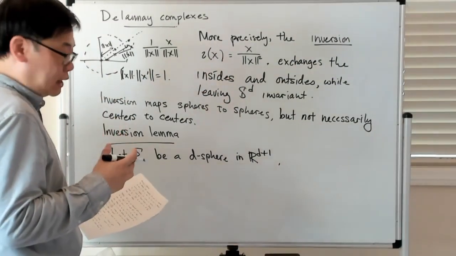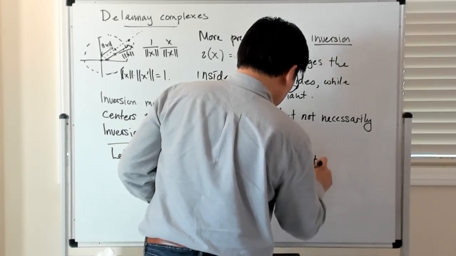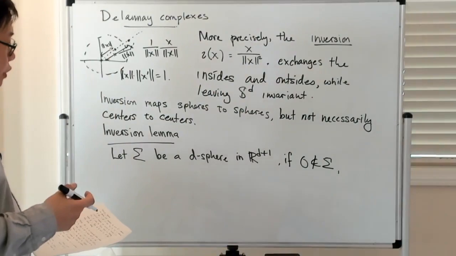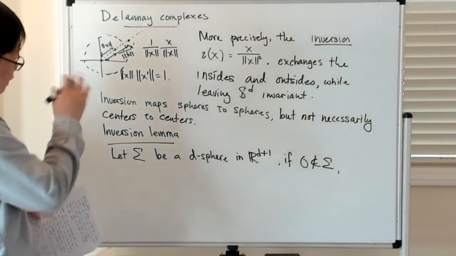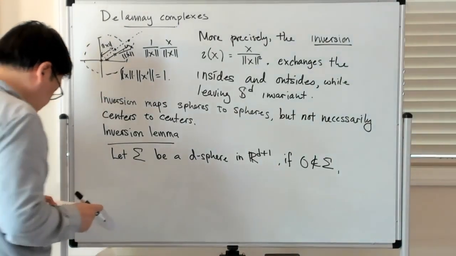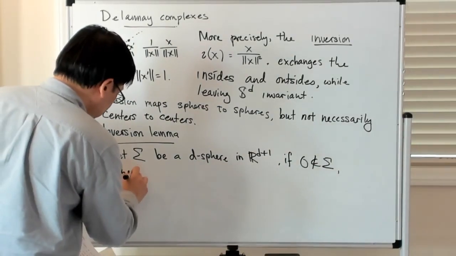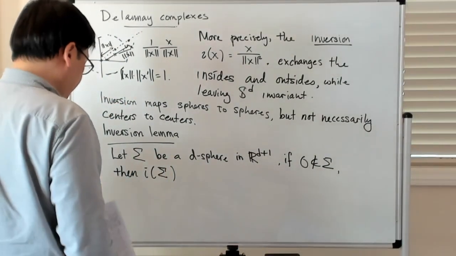If the origin O is not an element of sigma, then the image of that d-sphere under the sphere inversion induced by the unit sphere centered at the origin is another d-sphere.